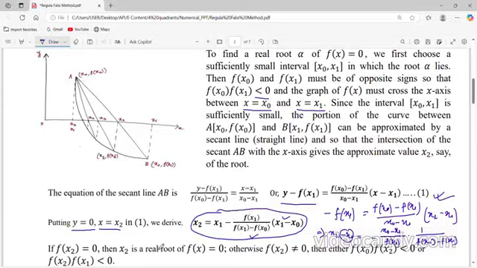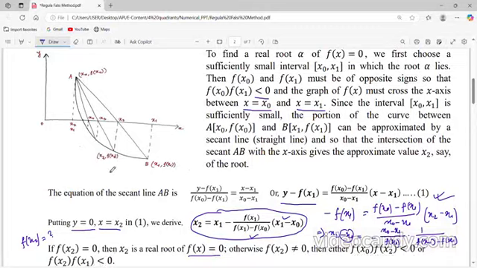Next we have to find f(x2). We have two options: either it is equal to 0 or it is not equal to 0. If it is equal to 0, we can say x2 is a root of f(x) equal to 0. Otherwise, either f(x0) f(x2) is less than 0, or f(x1) f(x2) is less than 0.